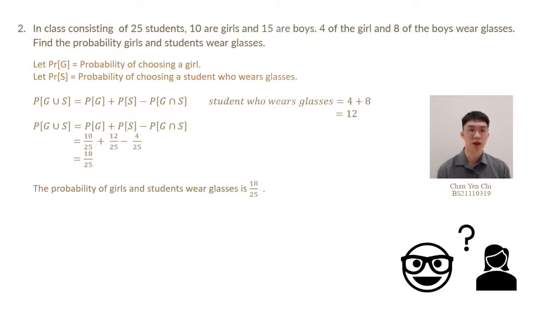G intersect S is actually the girls who wear glasses, which is 4 over 25. So we substitute these values into the formula, sum up 10 over 25 and 12 over 25 and minus 4 over 25 to get a result of 18 over 25. And this is the probability of girls or students who wear glasses.